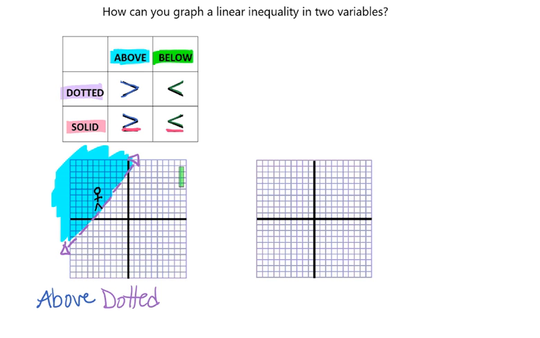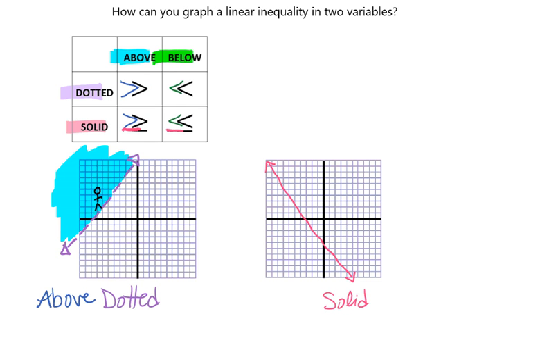So on this other graph, let's go ahead and do an example of a solid line. Here I'm going to have a solid line. Notice how there's no dashes or breaks. So this is a solid line. And then if I'm looking for a below, I'm going to draw my little stick man walking up my line, and below would be like the ground that he's walking on.